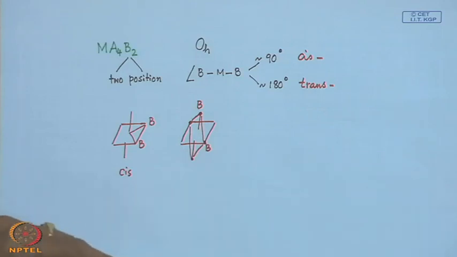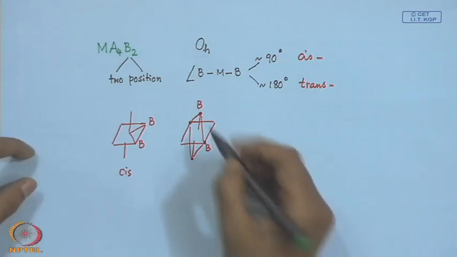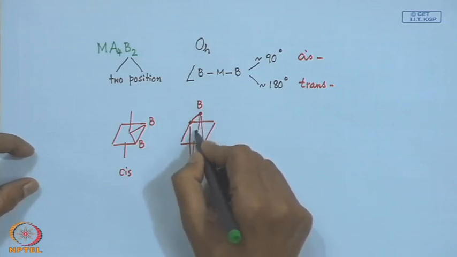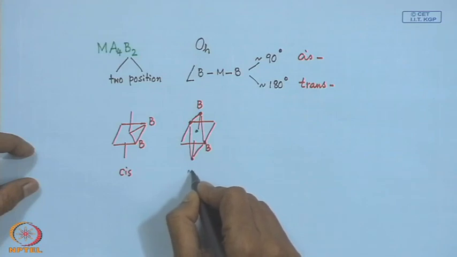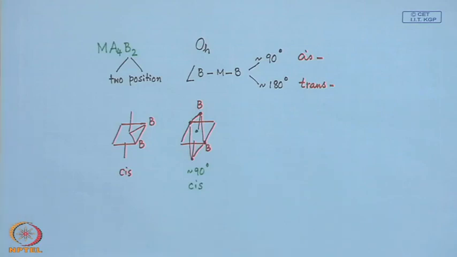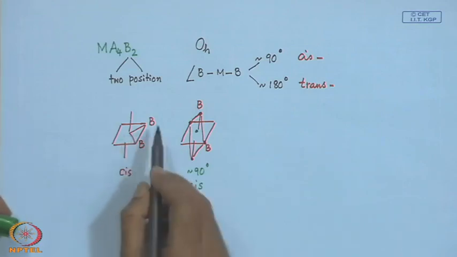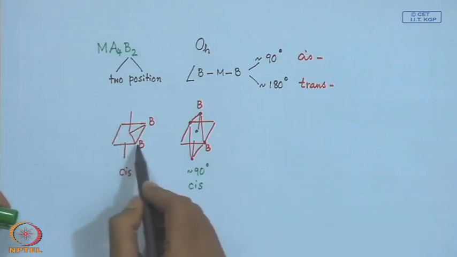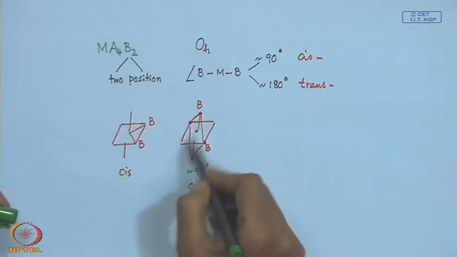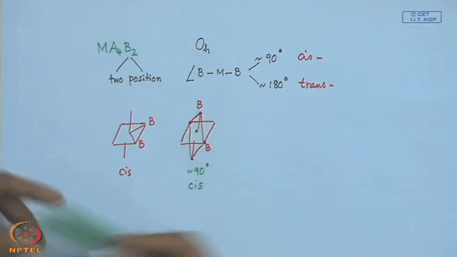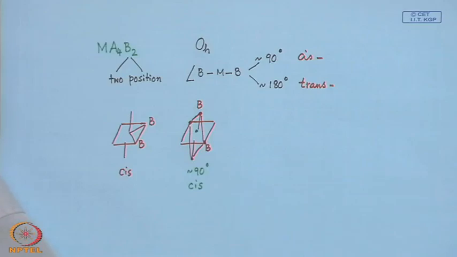Here too the BMB angle is close to 90 degrees, so this would also be a cis geometry. We can change the positions not only in this square plane but in the other square plane as well, since on this side we have another square plane, so we can have other positions at the same time.